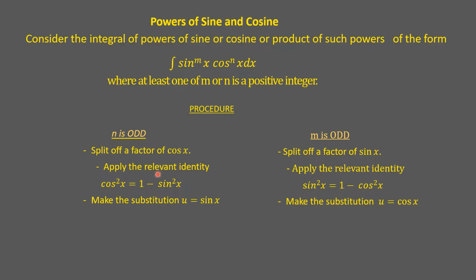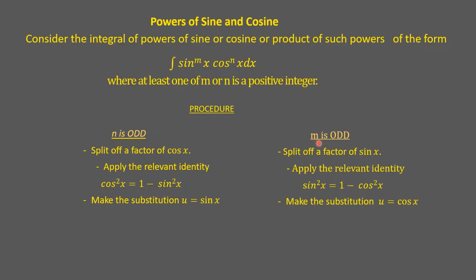And as such, we can now replace that particular factor in terms of an expression involving the sine function, making use of this particular identity. Furthermore, we transform the resulting integral by using the substitution u is equal to sine x, and just work on an integral involving the variable u.